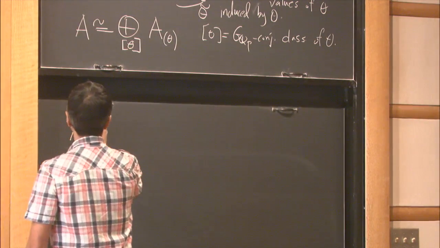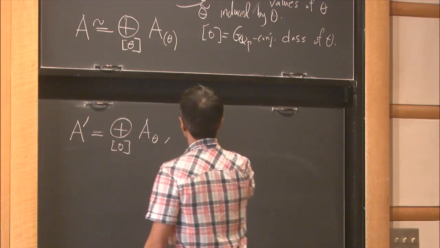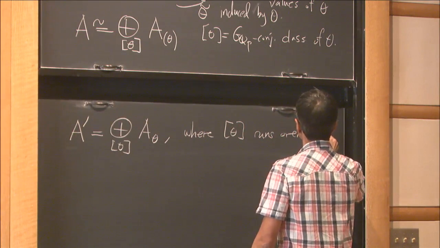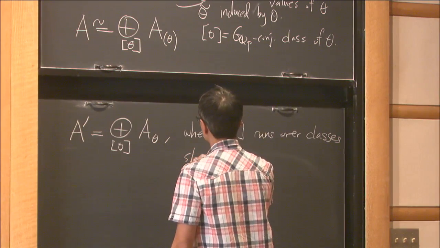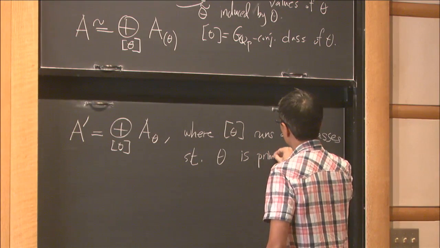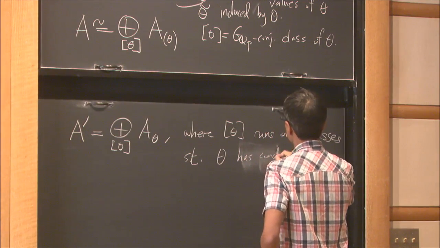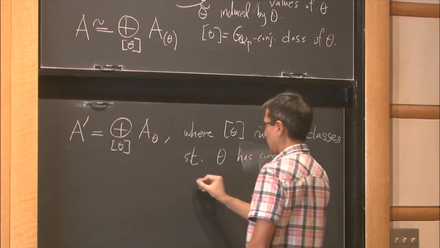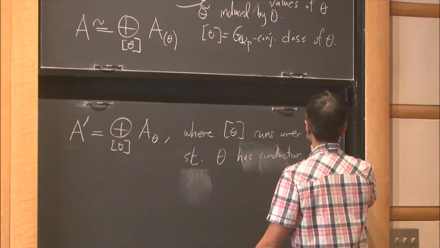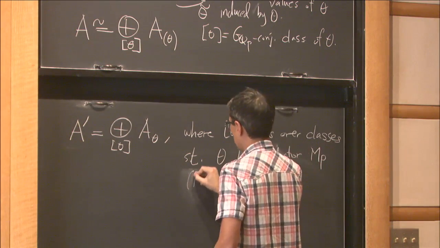So let A prime be the direct sum over, I have to specify which theta, where theta runs over classes such that theta has conductor divisible by, well, it's prime to p order, so I guess it has conductor n, m p, where m is the p part of n.